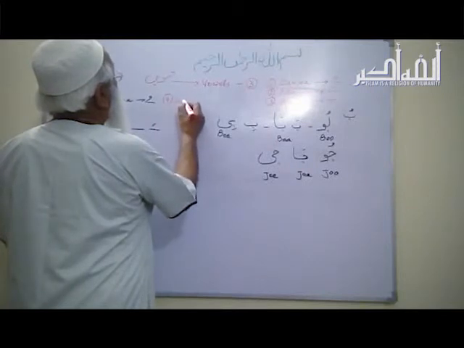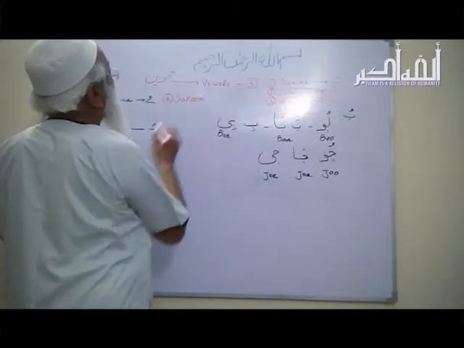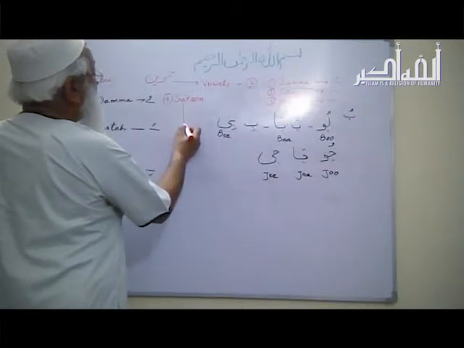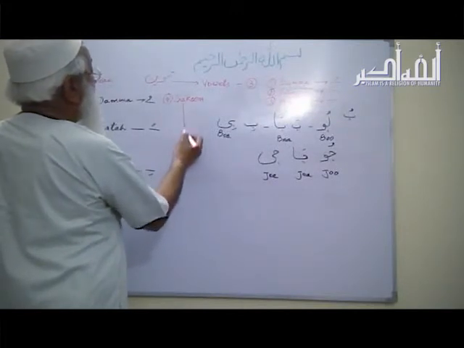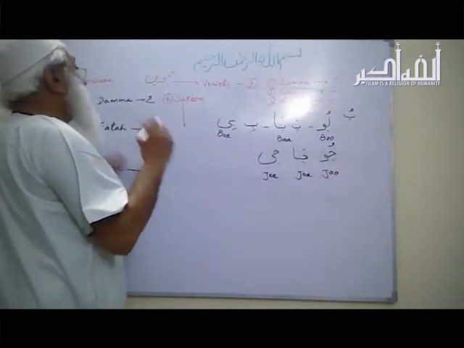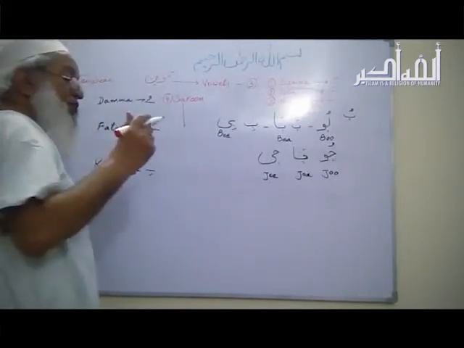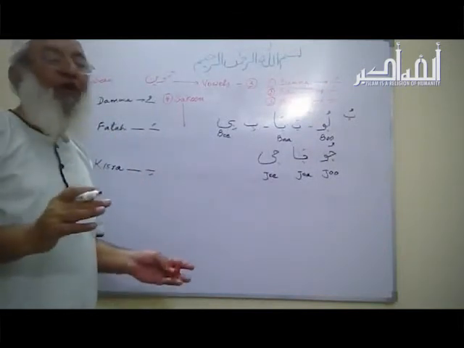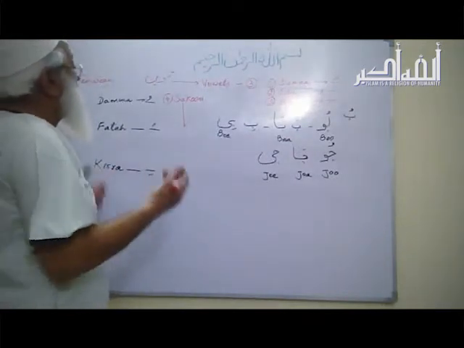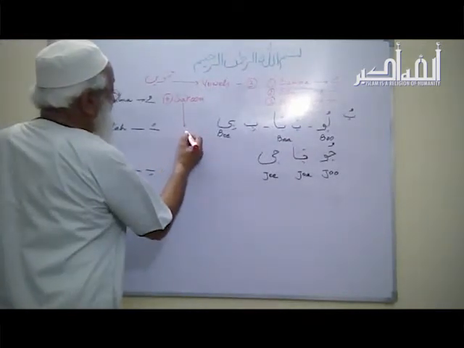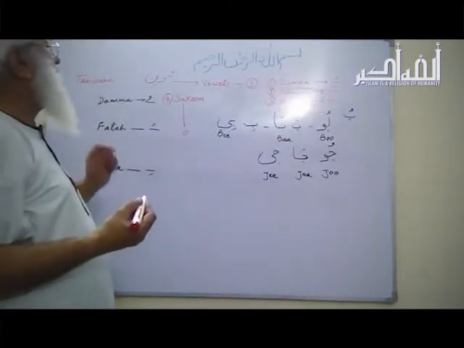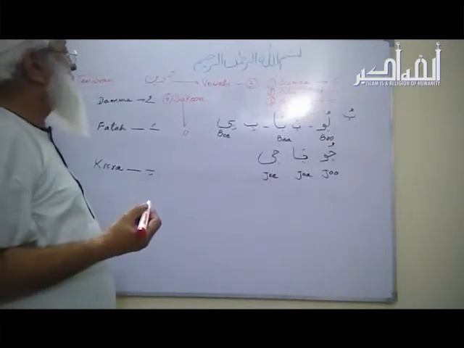That is sukoon. What is this sukoon? Actually, it is not even written. We just have to consider it. We normally do not write this one, but we just consider it. The sign is this one, the small circle. A small circle is sukoon.